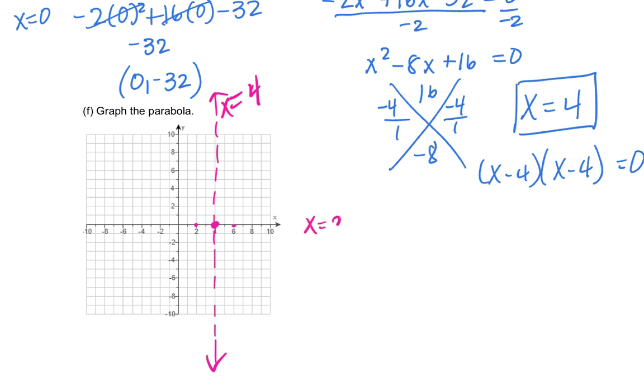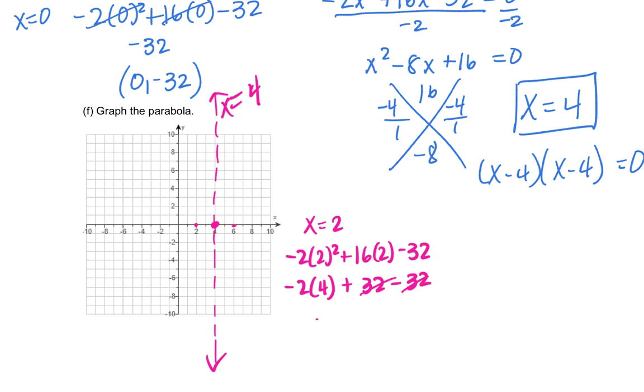So if x is 2, what is y? So I'm going to plug it in. So negative 2 times 2 squared, and what I see here is 16 times 2 is 32, and 32 minus 32, those are going to cancel out.